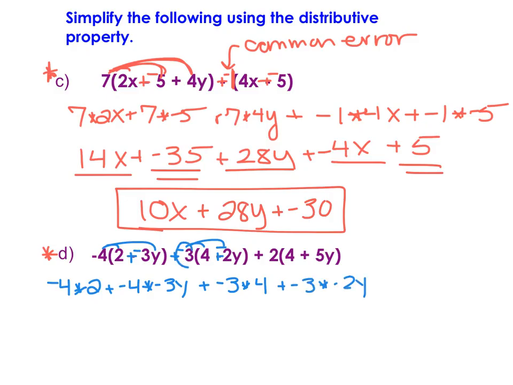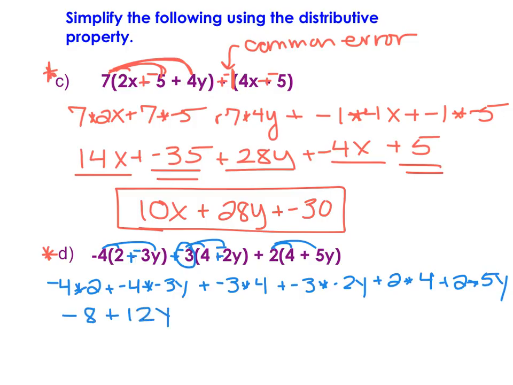Notice that using keep, change, change allowed me to catch the distribution of a negative 3. And then this last distribution is plus 2 times 4 plus 2 times 5y.